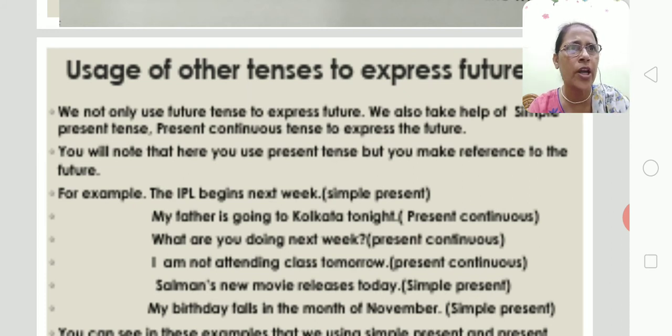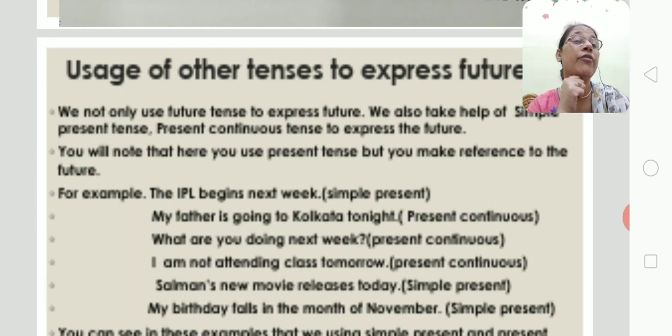Is today Friday? No, today is not Friday. So releases today. Today is today. But we are talking about future. We are referring to the time when we will go to see the movie.